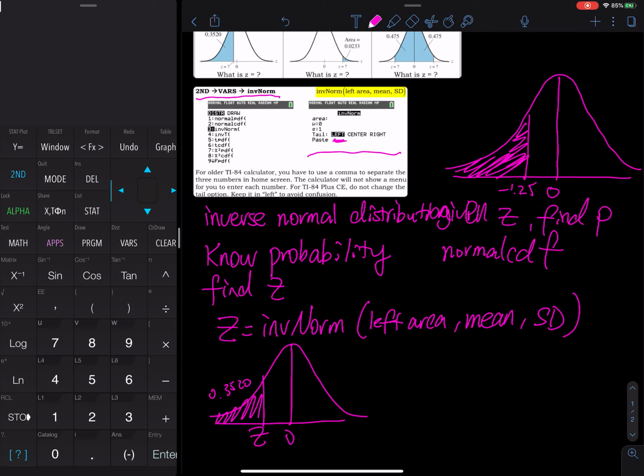Z is equal to inverse norm of the left area 0.3520, the mean 0, the standard deviation 1, and then you will be able to find the Z.